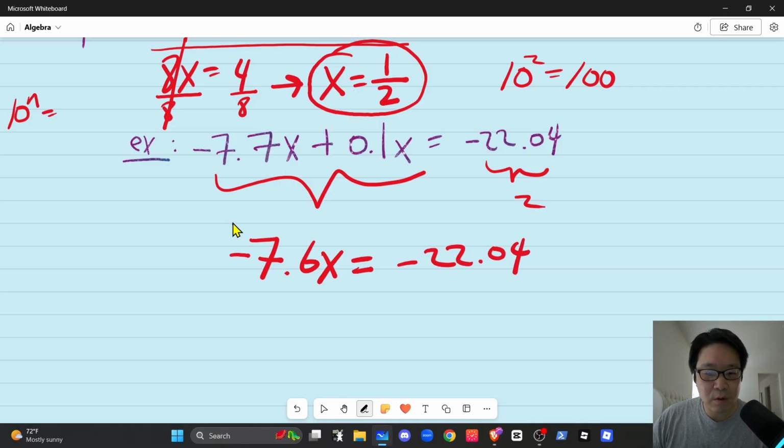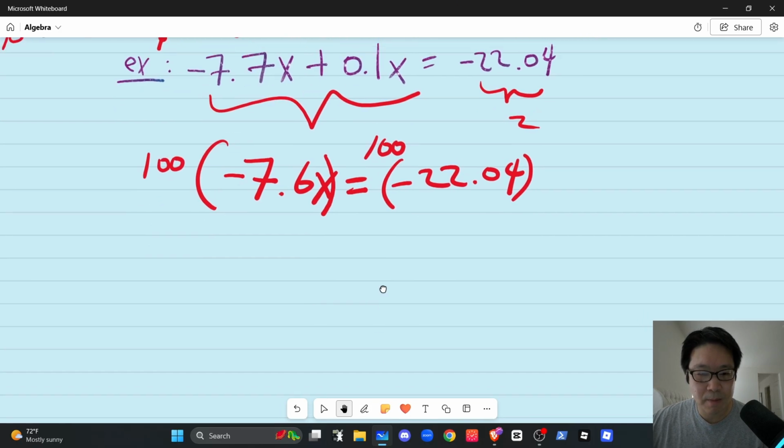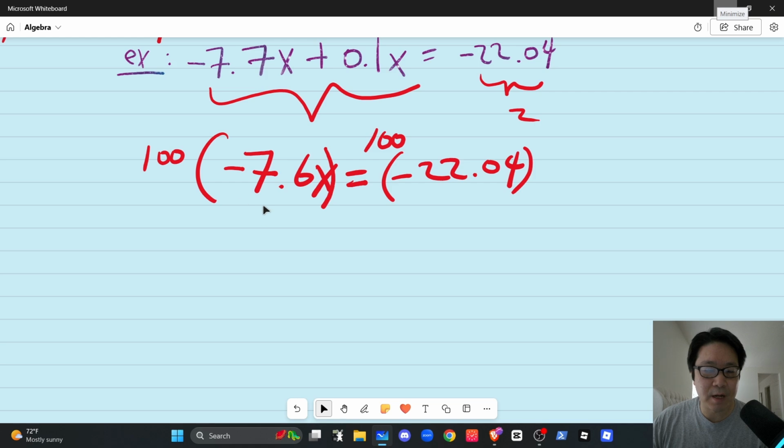Now what we can do is multiply the left side by 100 and the right side by 100. And that should clear the decimals. So 100 times negative 7.6 means you move the decimal point 2 places to the right. It's determined by the number of zeros that you're multiplying with.